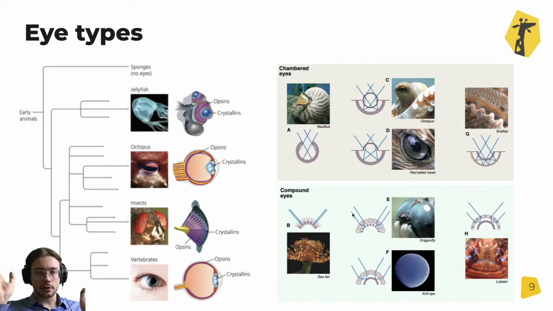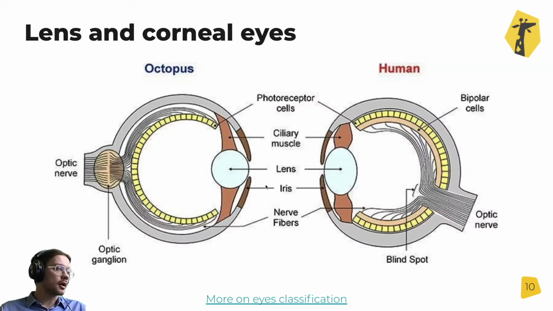For example, angles could be better, and we could see more detail, but in a different notation of information, and we will not speak about it more. You could see more eye classification by these links, but by this link below, and we will stop on the differences of chambered eyes. Here we have two types of chambered eyes.